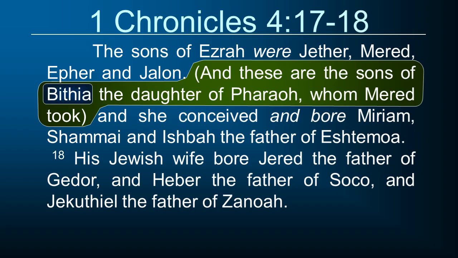Now that's interesting. In the term Bithiah, bath is the word for daughter, and then that Yah part at the end is short for Yahweh. If I take that literally, it's daughter of Yahweh, but she was really the daughter of Pharaoh.